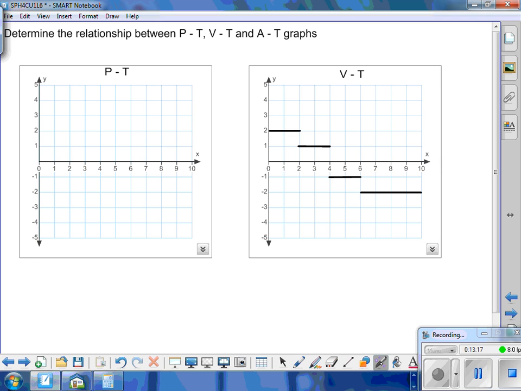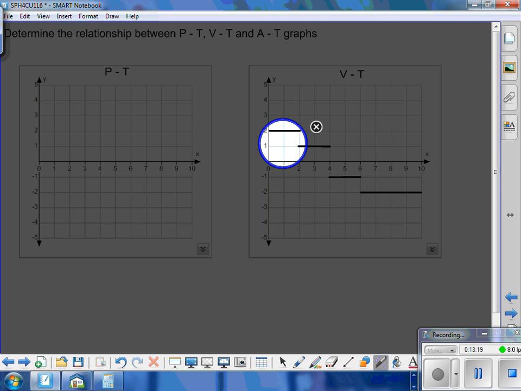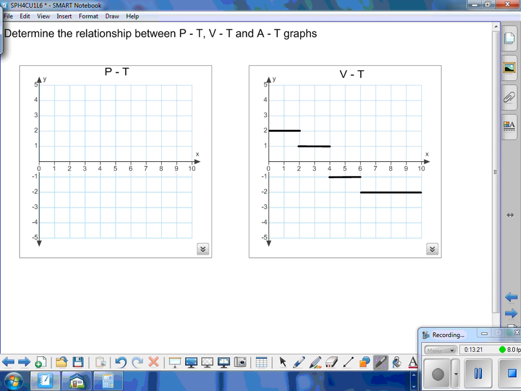Let's analyze the first segment here. In the first 2 seconds, you traveled at 2 meters per second. So for segment 1, we know a velocity was 2 meters per second, and we know a time, 2 seconds.